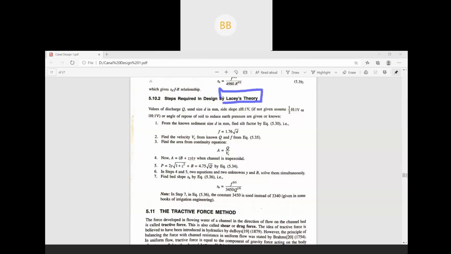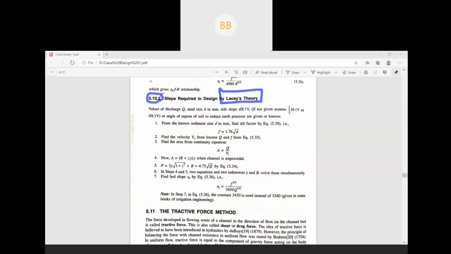In our syllabus, we have two theories: Kennedy's theory and Lacy's theory, to design an irrigation canal or a channel, or you can say a drain of mobile boundary or erodible channel. Kennedy's theory we have already discussed in the last class, and it is a trial and error method. Lacy's theory we are discussing today.